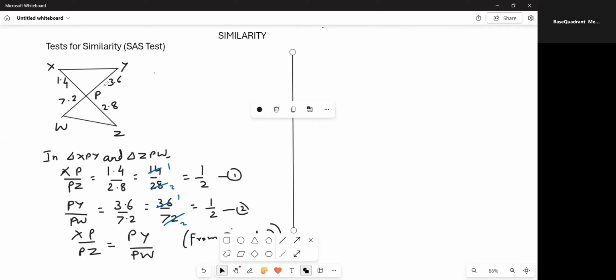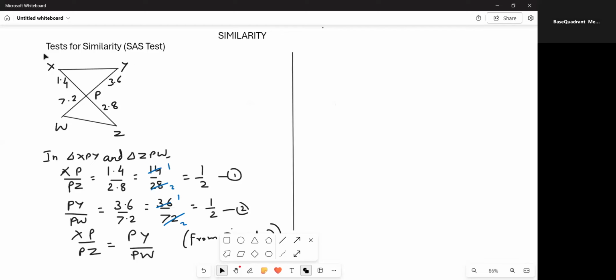Which angles are congruent? Clearly, angle XPY is congruent to angle WPZ. Why? Because they are vertically opposite angles.